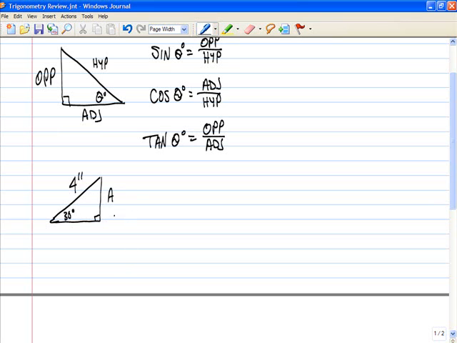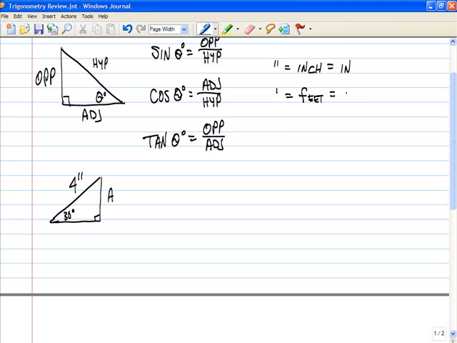Also keep in mind a couple of things here. One, I want you to keep track of your units. Inch equals IN. Feet equals feet.